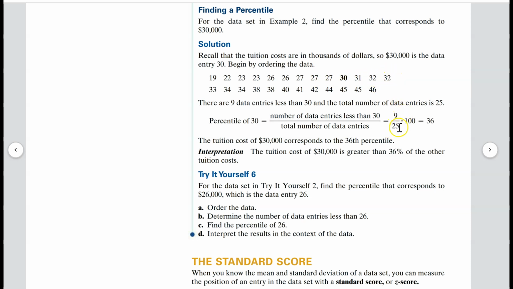So 9 divided by 25. Then multiply that by 100 and you get around 36. So $30,000 corresponds to the 36th percentile in these tuition costs for that data set.